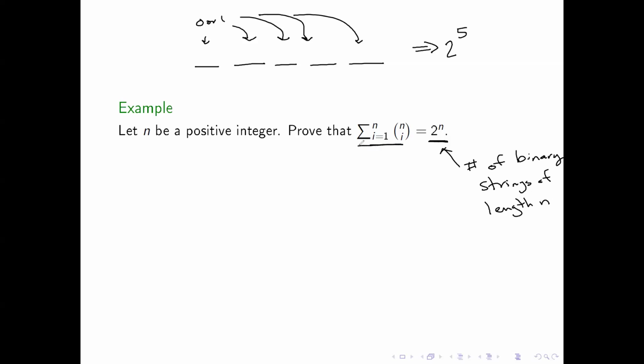So over here, let's deal with this in terms of binary strings. The question is then, what on earth is this? What would n choose 1 be? What would n choose 2 be?